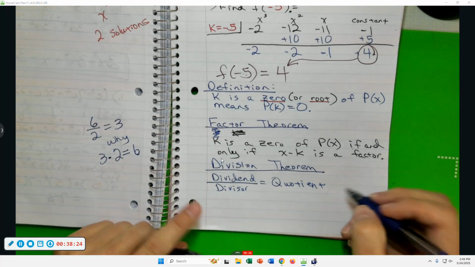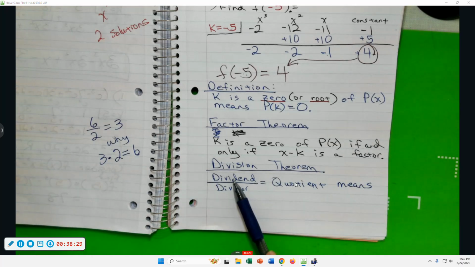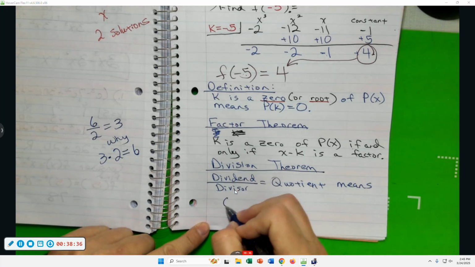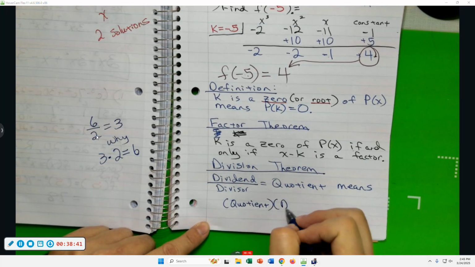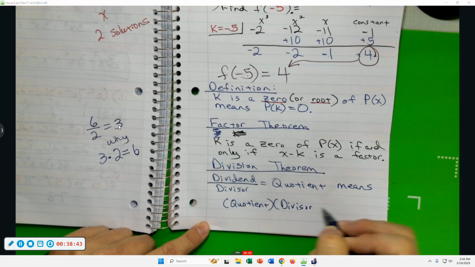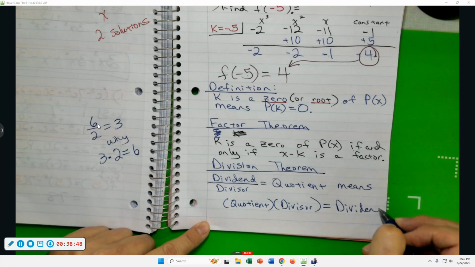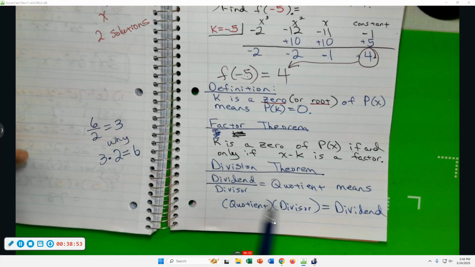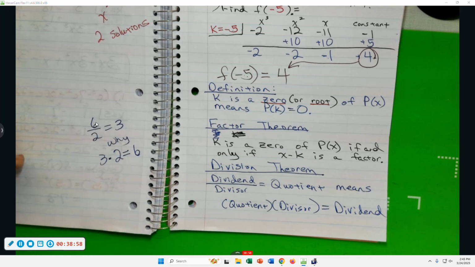So, here's the division algorithm: dividend divided by divisor equals quotient means quotient times the divisor equals the dividend. Here I'm just writing it out in words. Quotient times divisor gives you the dividend.